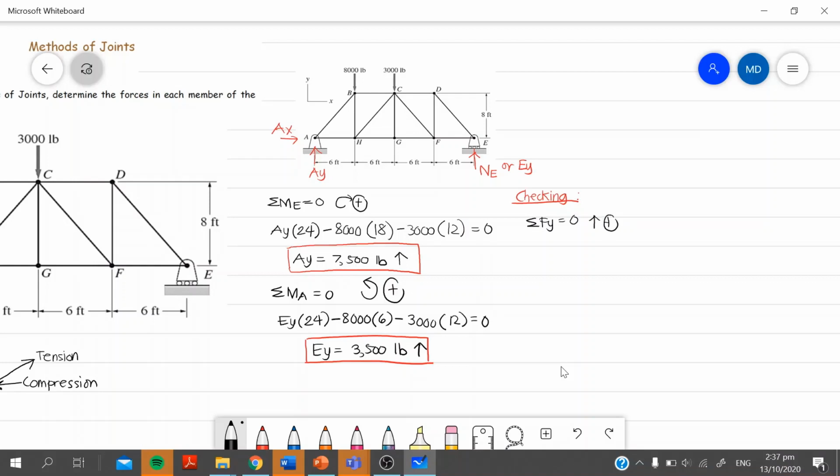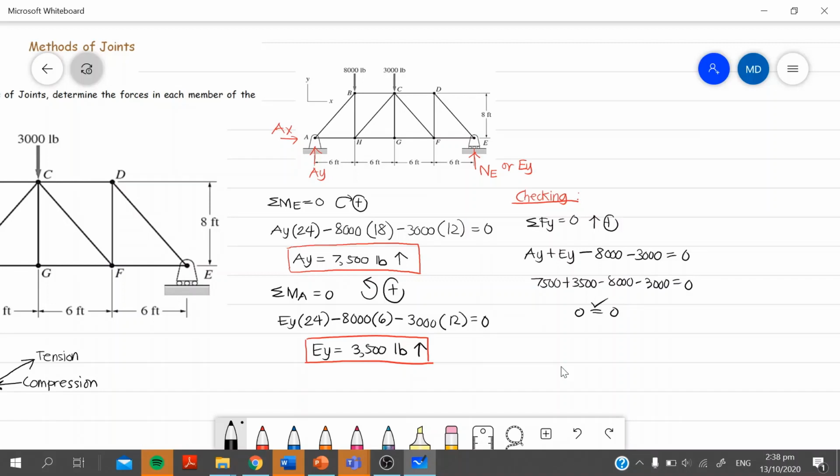Okay, assume na upward positive. So, AY plus EY, diba? They are both upward forces. Minus 8,000 minus 3,000 should be equal to 0. Okay, I believe they are equal to 0.